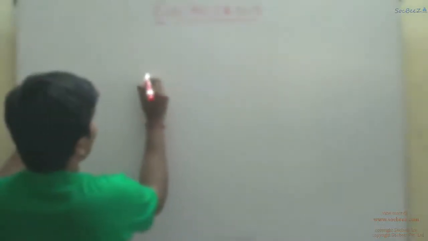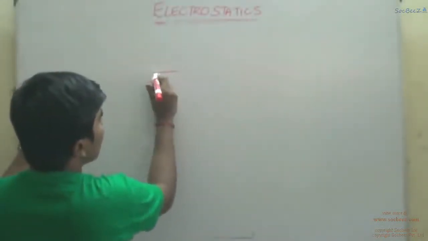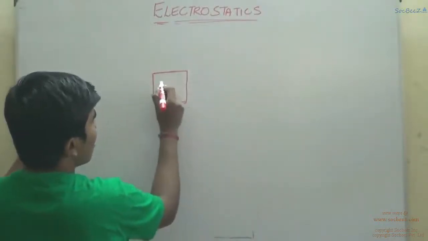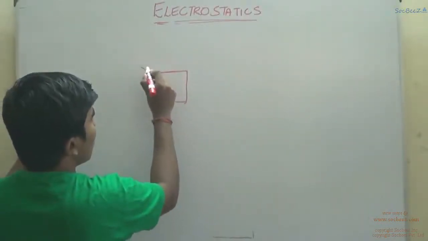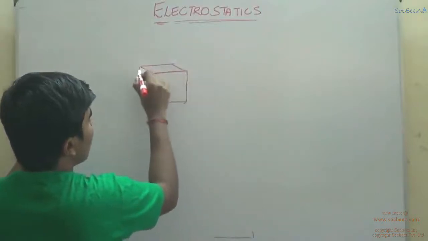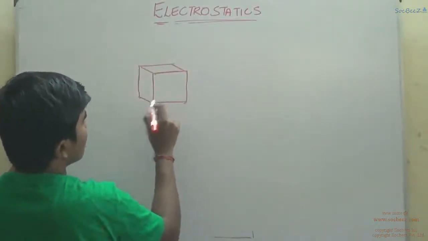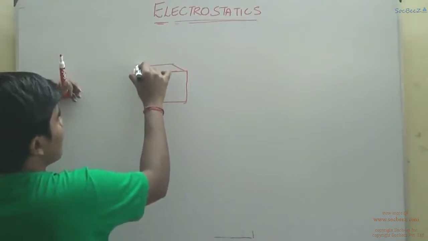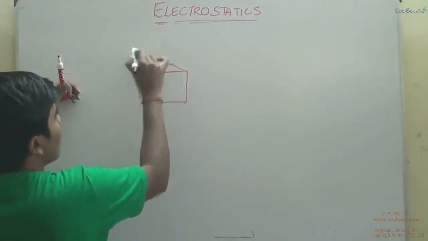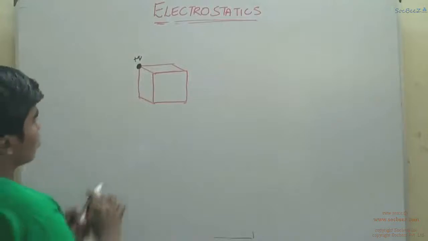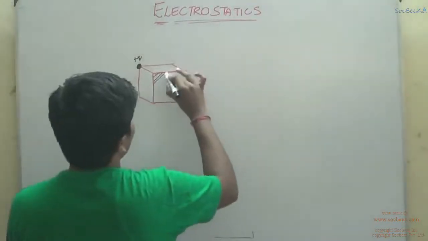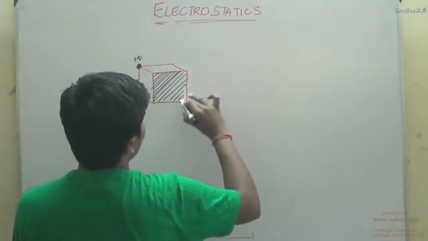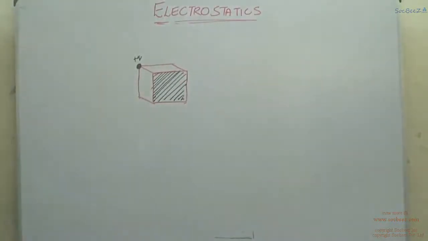What if I say that this is a cube and a charge is placed at this corner. Now I want to find out the flux through this face.